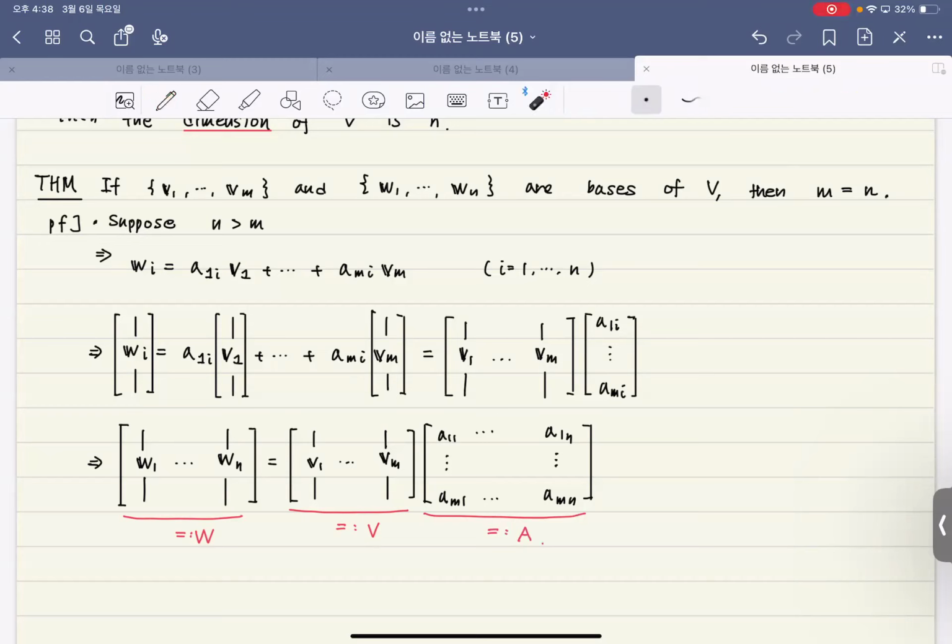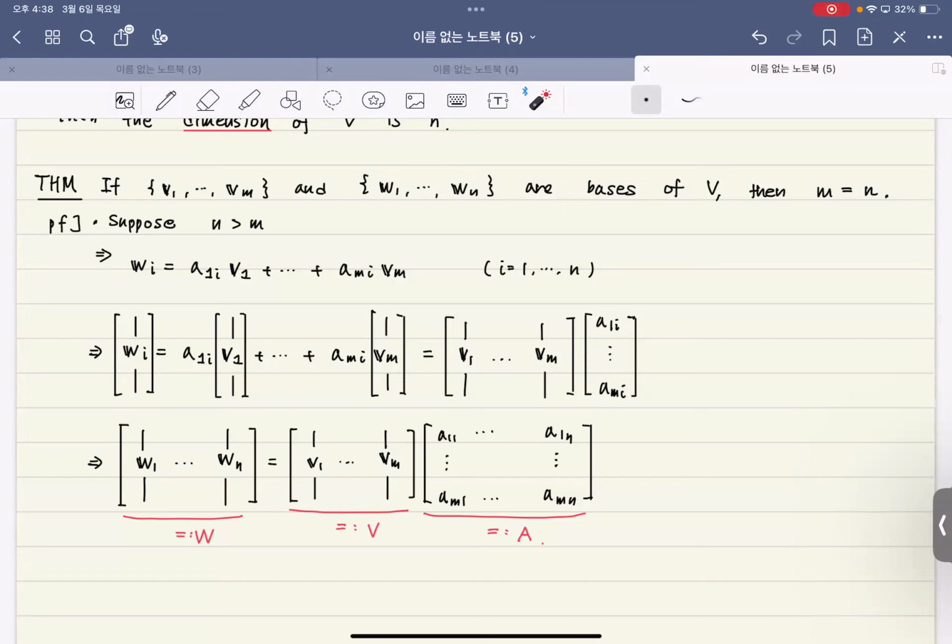Okay. What now? I have assumed that n is greater than m, and this is an m by n matrix. So matrix A is a wide matrix, and I told you if your matrix is a wide matrix, then your column vectors cannot be linearly independent. Column vectors must be linearly dependent.